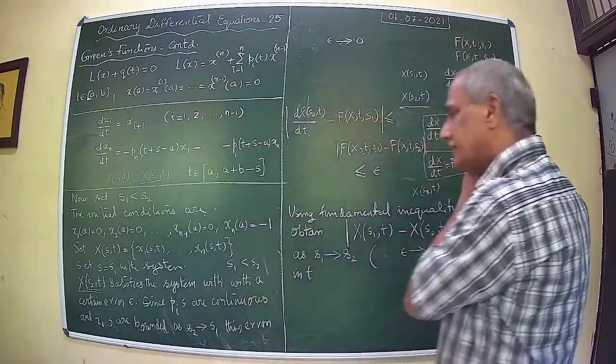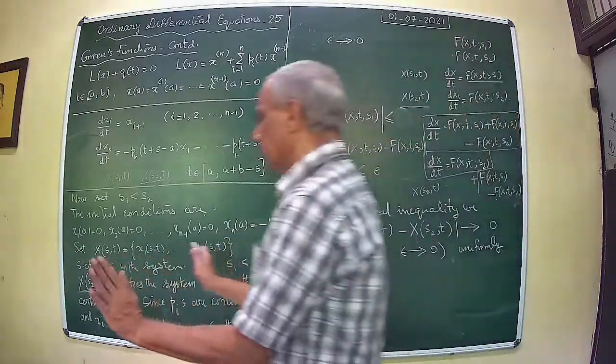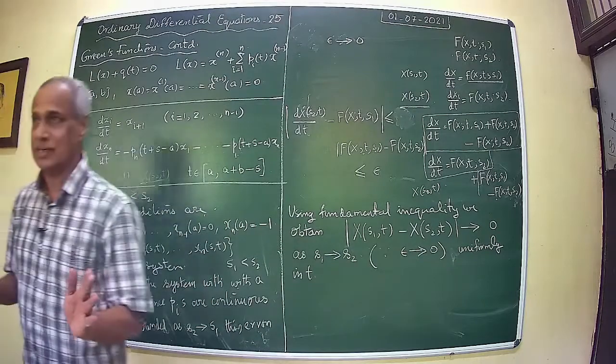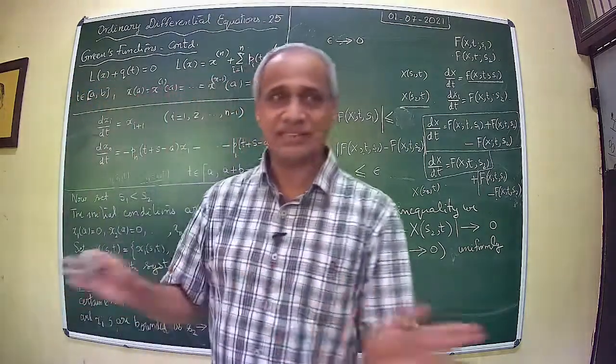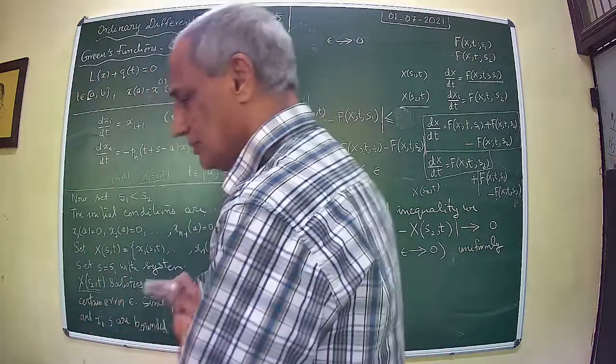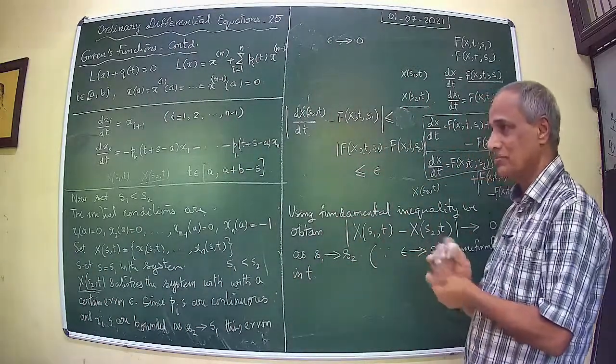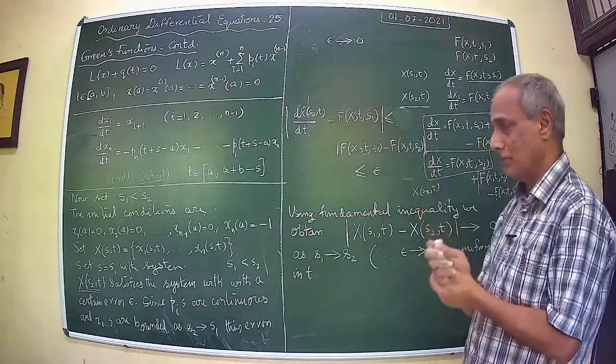So using this fact, we get, you see, now K(s, t), this is the Green's function that we have, is related to this x(s, t). Okay, in fact the first component of that.